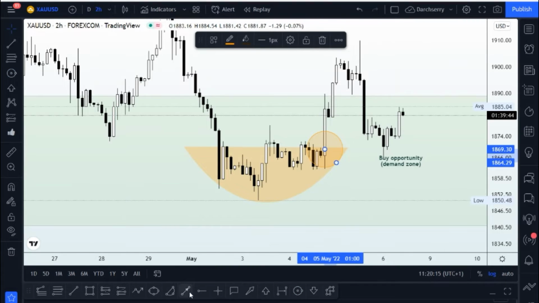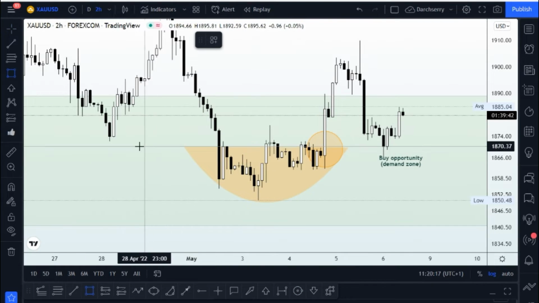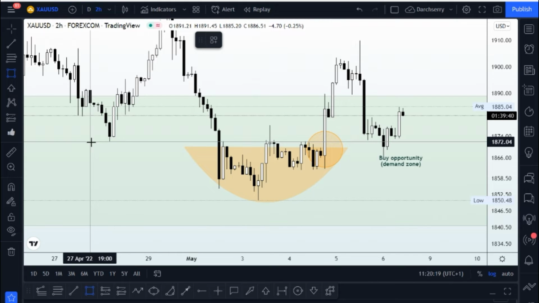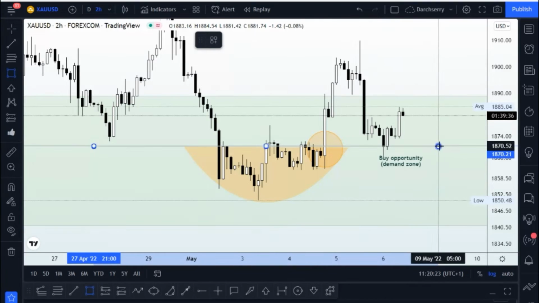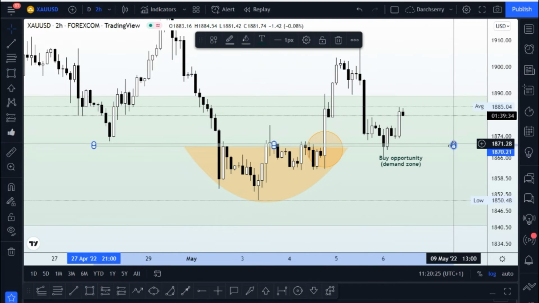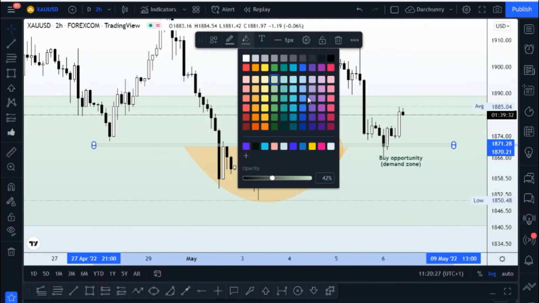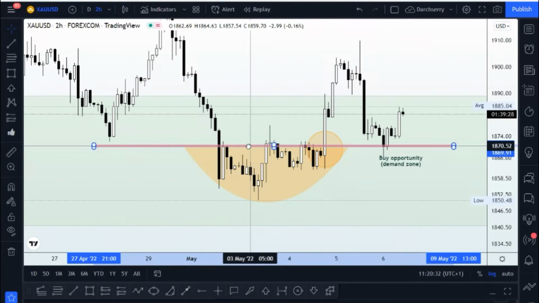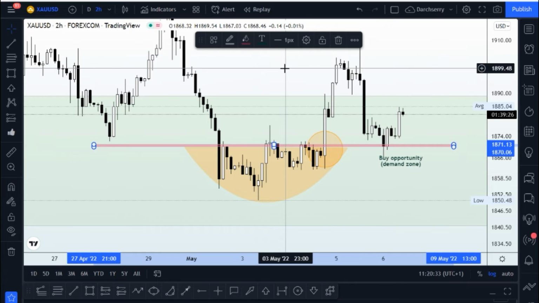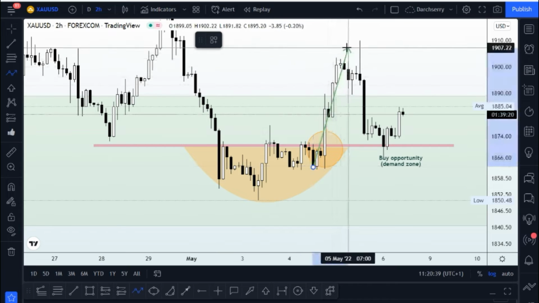So we'll be having our neckline of the reversal structure right at this area. So this is the neckline of the reversal structure we identified, and let's give this color, okay, I think this is good. At $1,870 we have a neckline structure.